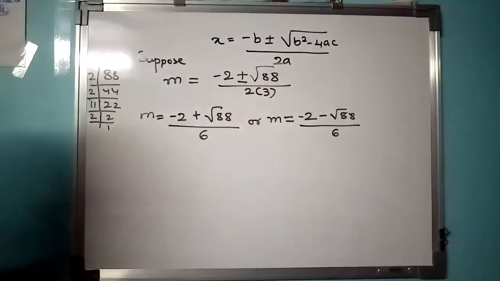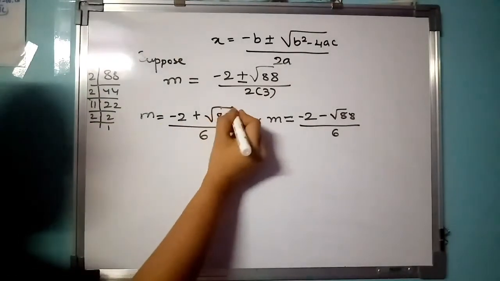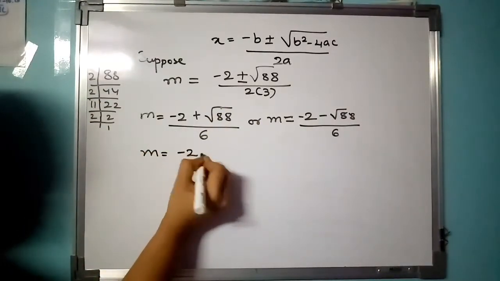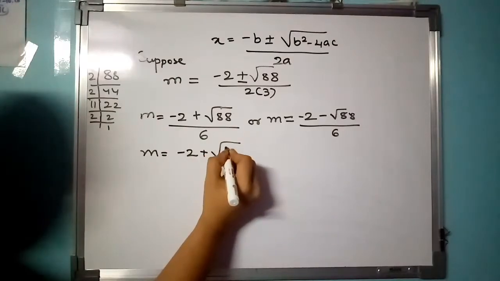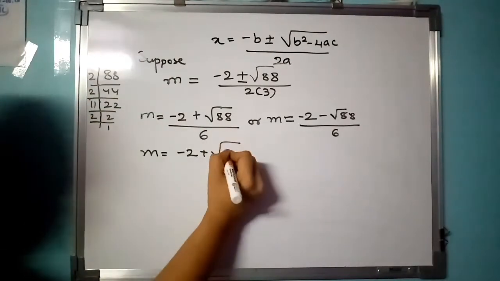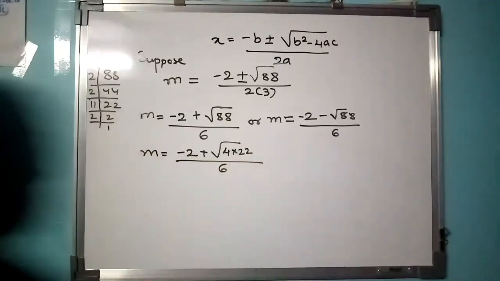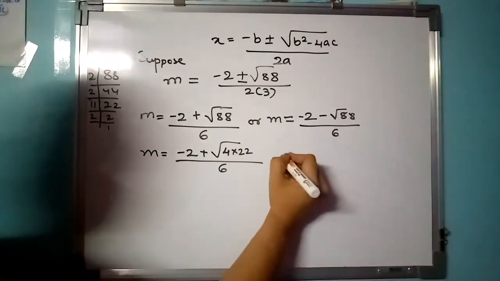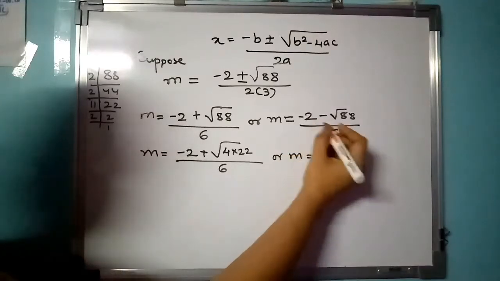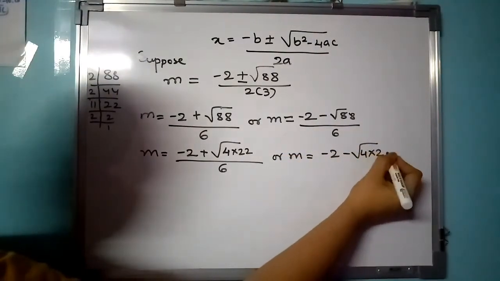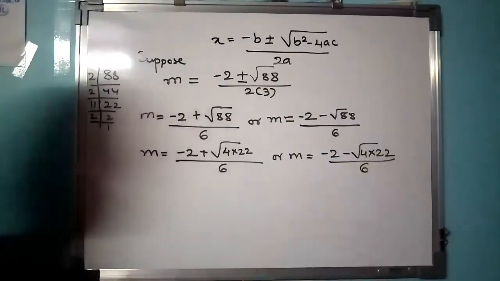4 is the hidden square number in this. M is equal to minus 2 plus under root 4 into 22 upon 6. Same on the right hand side, minus 2 minus under root 4 into 22 upon 6.